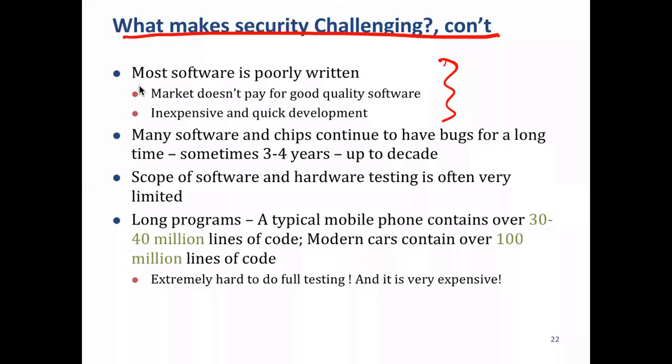That's the fact. Second thing is that the size of the software has become so much that systems are always developed in increments. So basically one can do testing of some increments that is done, not the complete testing.